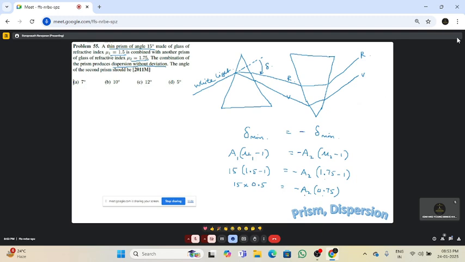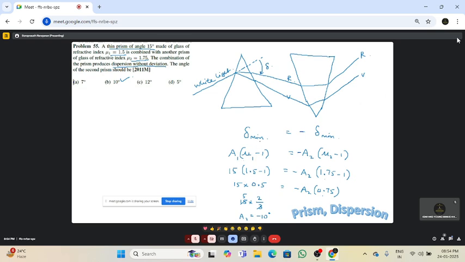So this is 50 by 75, so it will be 2 by 3. So this will be 5 times, so it will be 10. So A2 will be minus 10. But why this minus? Because we have inverted it, that's why minus comes. But actually the angle of prism will be only 10 degree.